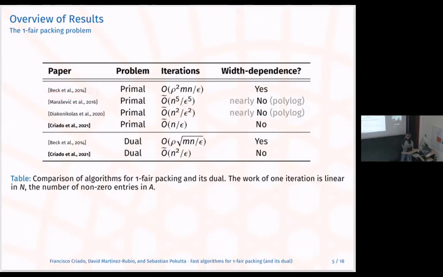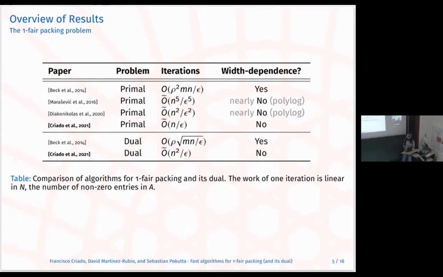They give an algorithm that is width dependent though, with complexity ρ² mn / ε. Then a little bit later, there's the first nearly width-independent algorithm with Õ(n⁵/ε⁵). The tilde here just hides log factors. A bit later, it was brought down to Õ(n²/ε²), also again nearly width independent, but not quite.